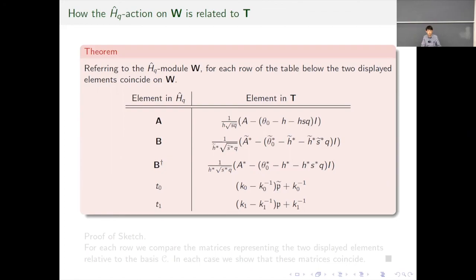You showed us the generators of DAHA with some T or some K, and A and B and so on, some quadratic elements. So the big A, I'm not clear. Probably the elements bold A, bold B dagger, T0, T1 generate a sub-algebra of the HQ hat, not the whole thing. For sure, I expect.